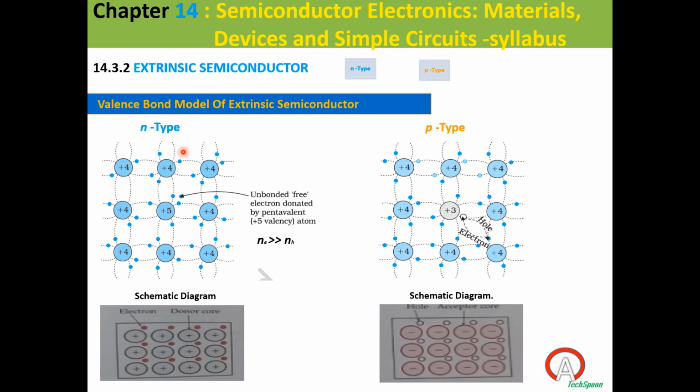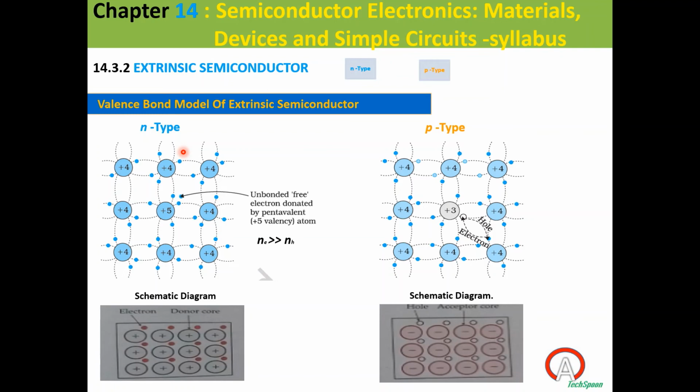Why are the number of electrons greater than the number of holes in the case of N-type semiconductor? In N-type, pentavalent impurity is added, so one electron would be extra.